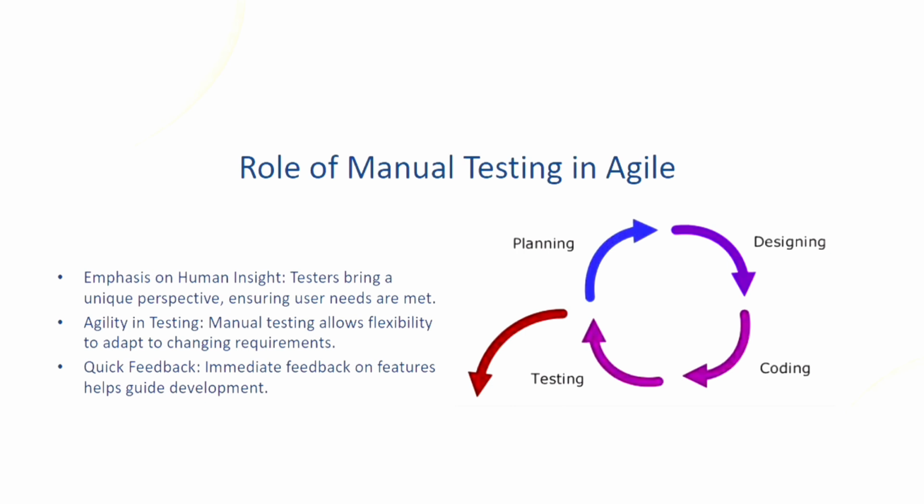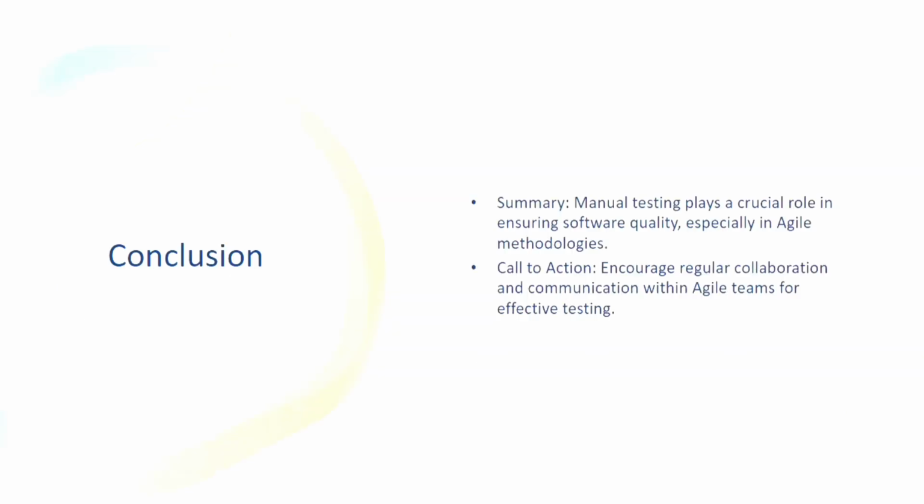So inside agile, manual testing is a very crucial process. Regression we can automate, but manual testing is helpful for identifying bugs and defects.